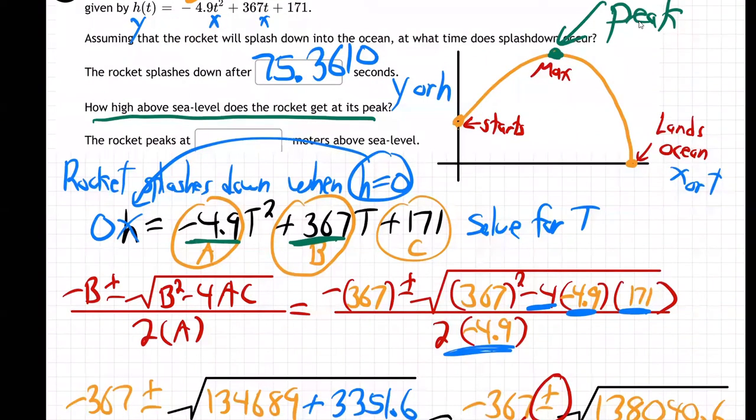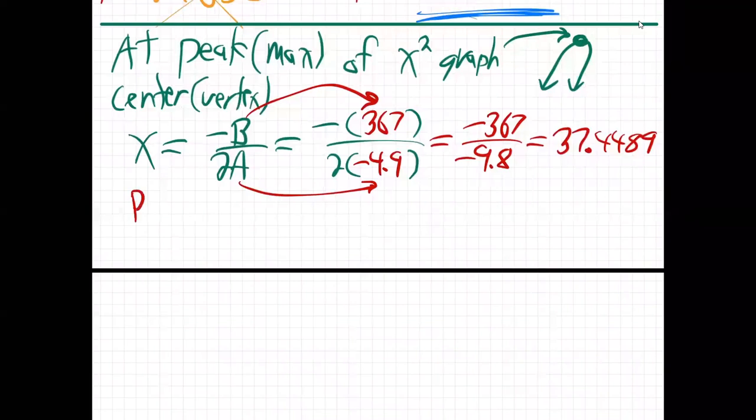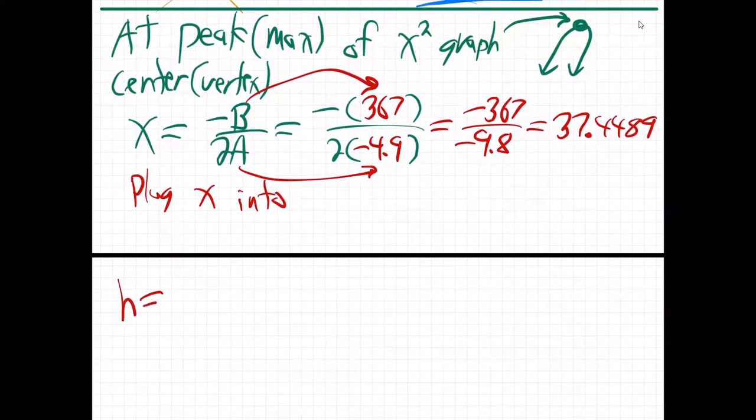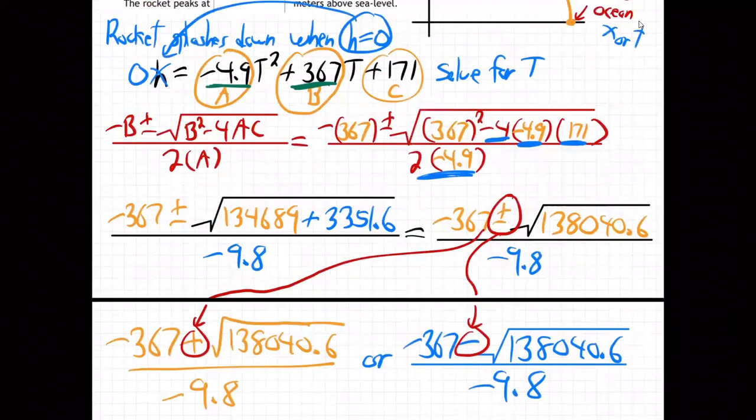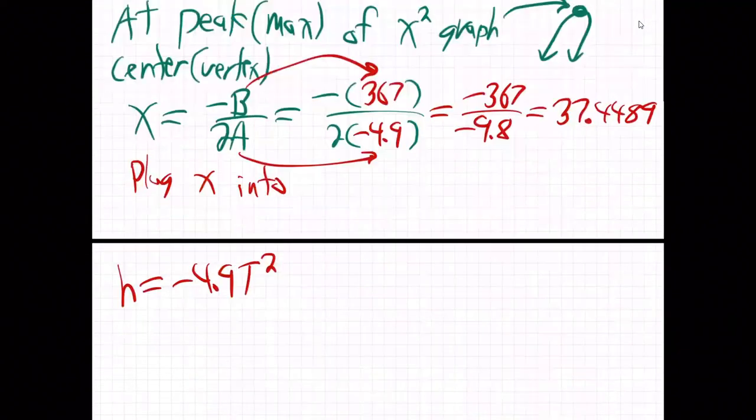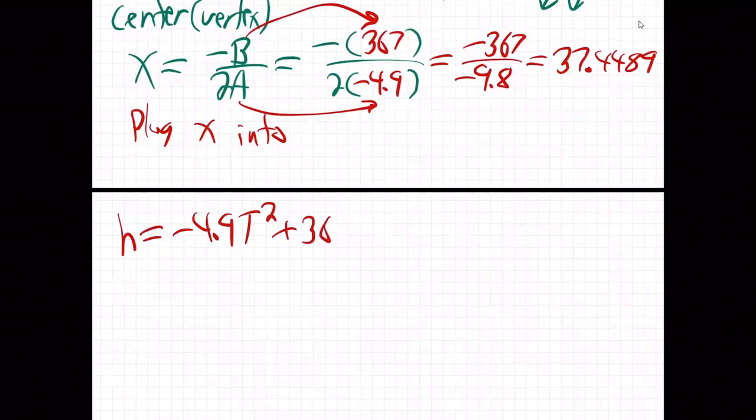So now plug x, or t, whatever, that's really t, into the height formula. What's the height formula? H equals minus 4.9 t squared, I forgot the rest, plus 367t plus 171.